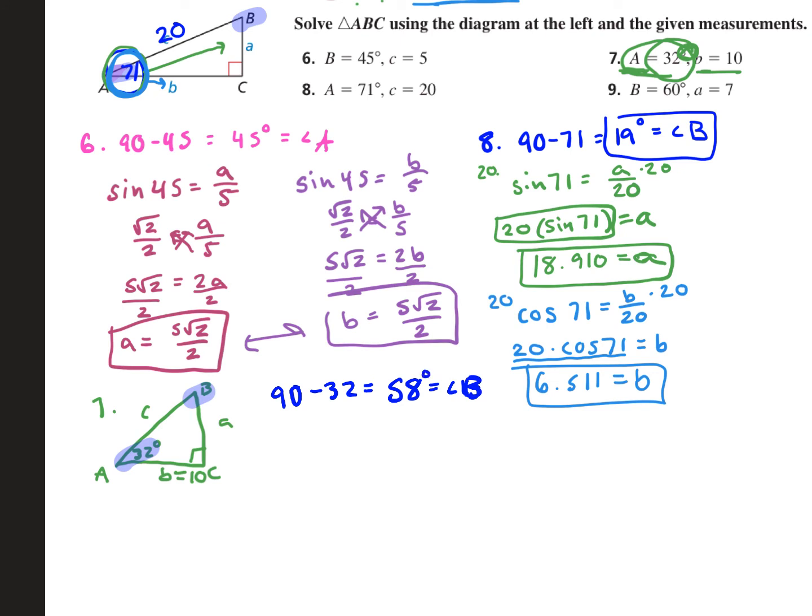Next, let's find side A. A is opposite of 32. B is adjacent, so we can say tangent of 32 is equal to A over 10.